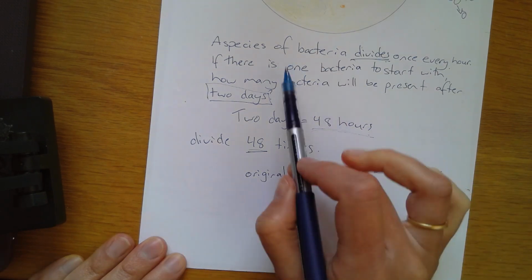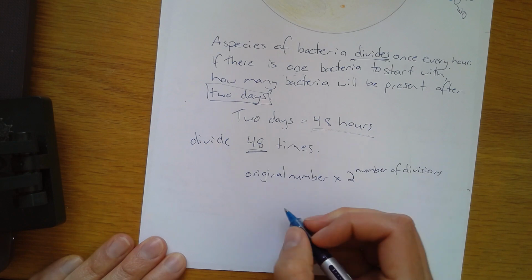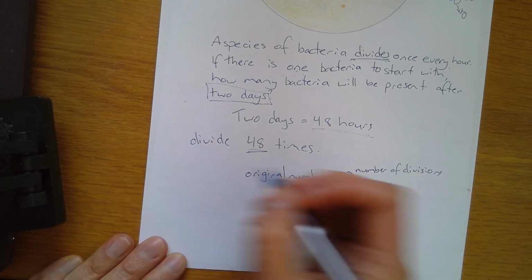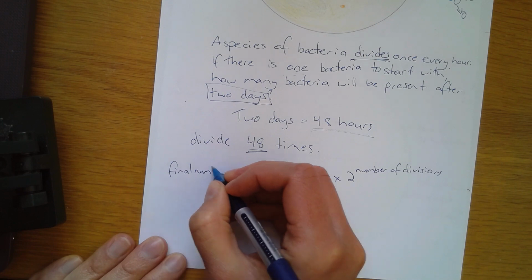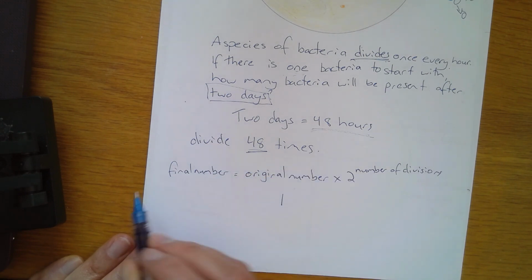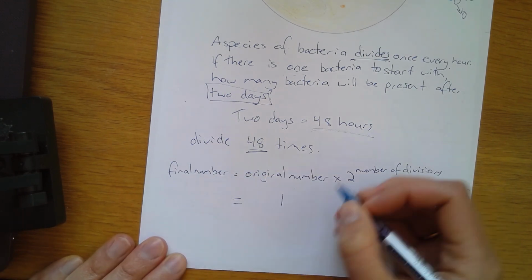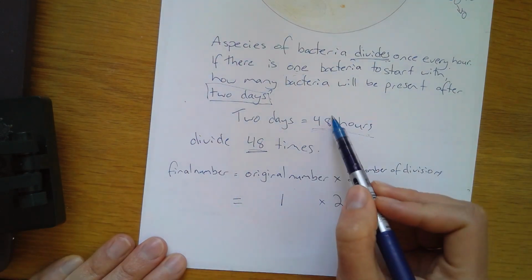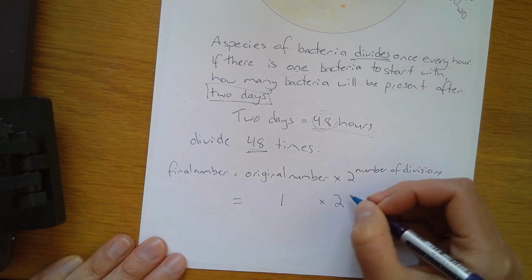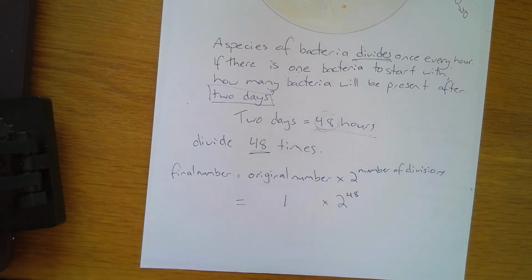So it tells us we start with 1 bacteria, so our original number is 1. The final number of bacteria equals 1 times 2 to the power of the number of divisions, and we knew that it was 48 hours, so it would be 2 to the power of 48.